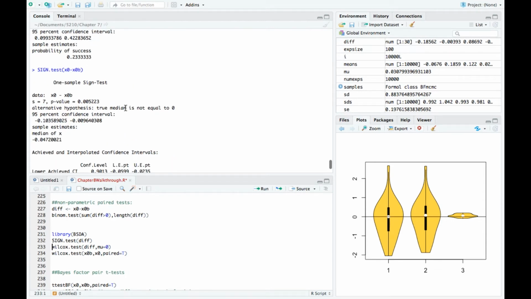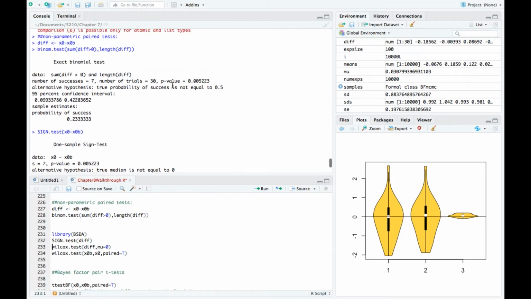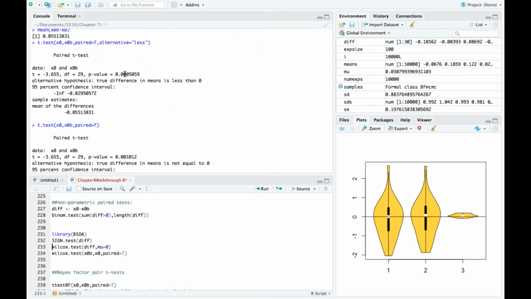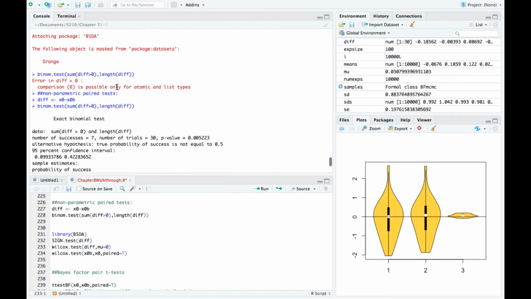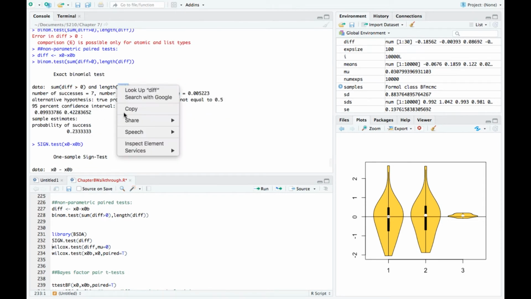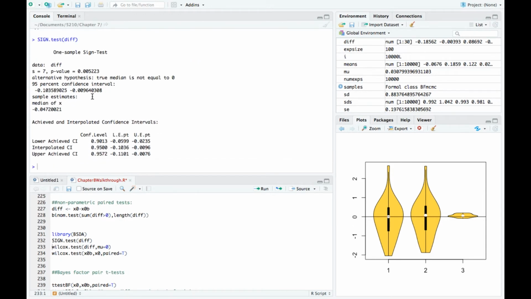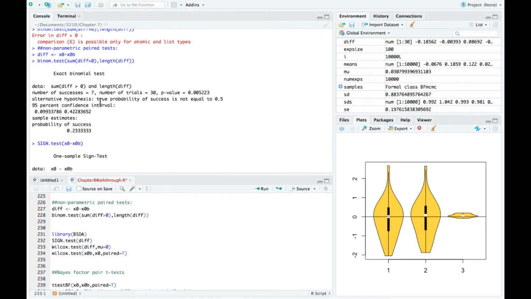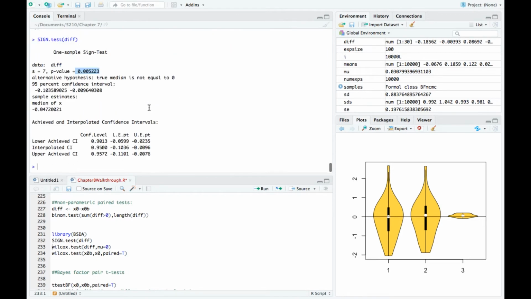But if you compare it to the p-value you get for the t-test, the paired t-test, this is much smaller. So you still have much more power here, most likely, than in the binomial test. But here, the binomial test and the sign test should give us exactly the same p-value, and number of successes is 7.